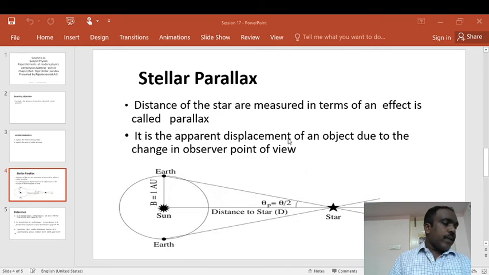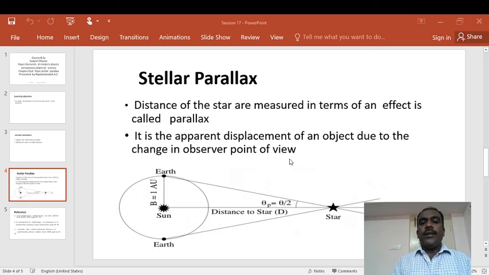We know what a stellar parallax is. It is the apparent displacement of an object due to the change in the observer's point of view. The apparent displacement of the two stars is one.